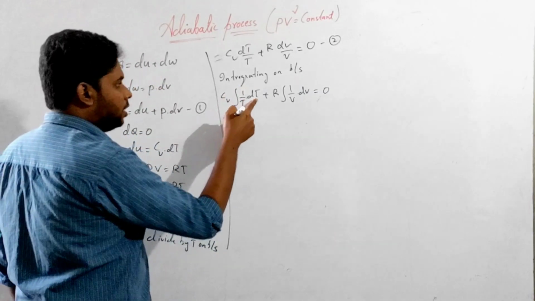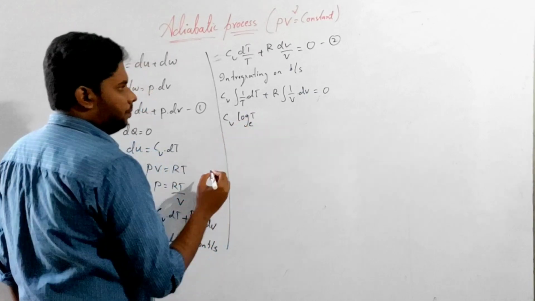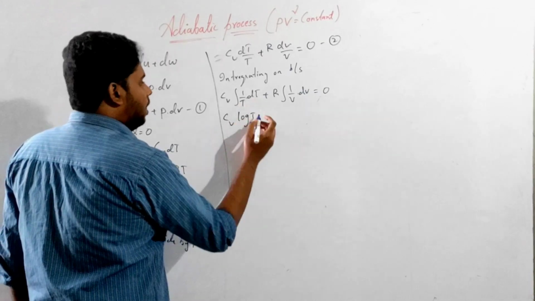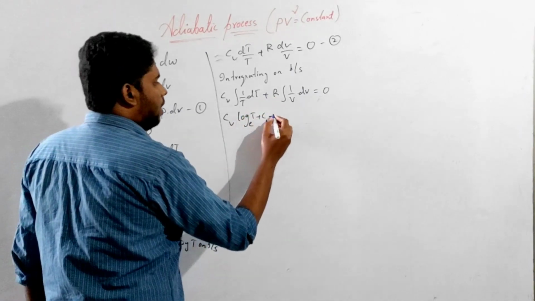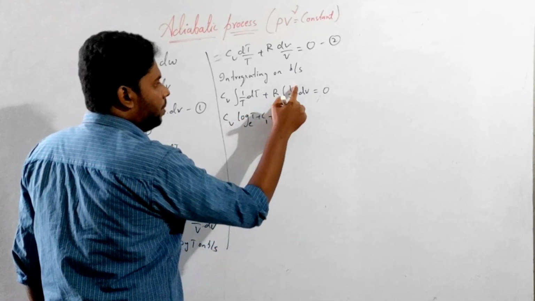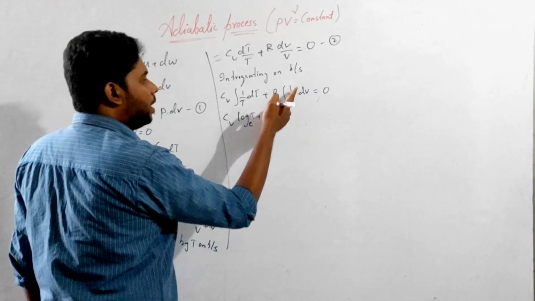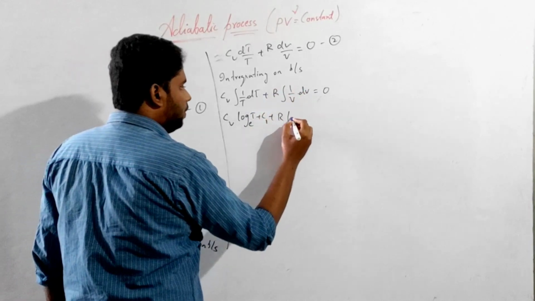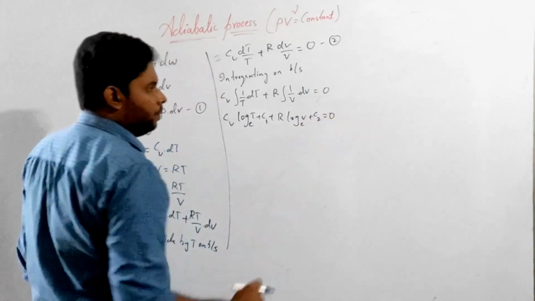Integration of 1 by T with respect to T will be log T, log to the base e of T, plus an integration constant C1, and plus R. Now the integration of 1 by V with respect to V will be log V, plus an integration constant C2, which equals 0.